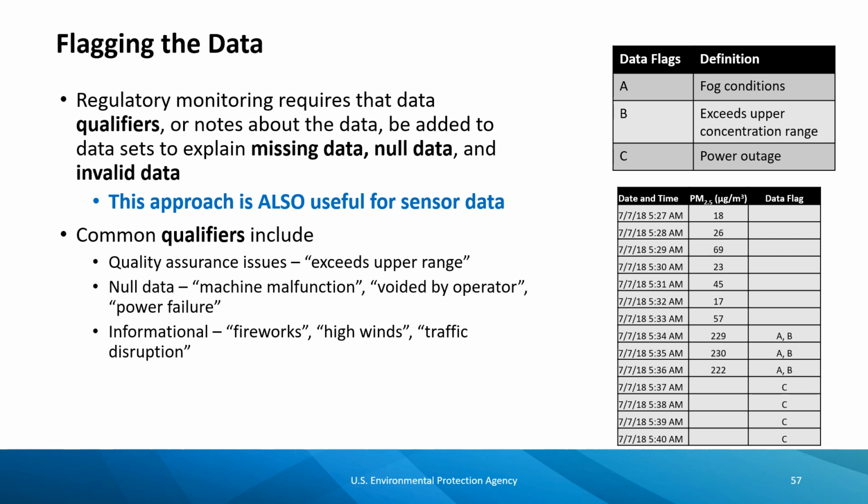Null data flags, such as data is missing due to machine malfunction, power failure, or because it was voided by the operator. Informational flags, such as notations about fireworks, high winds, or traffic disruption. During data analysis, you may have reason to exclude data with a subset of these flags.